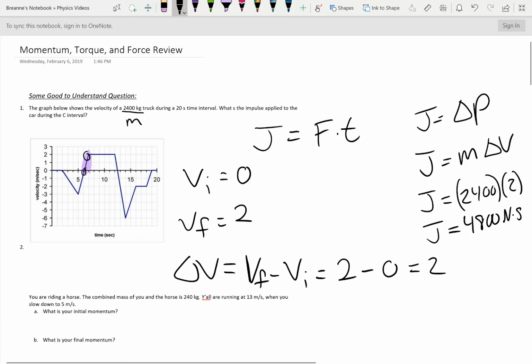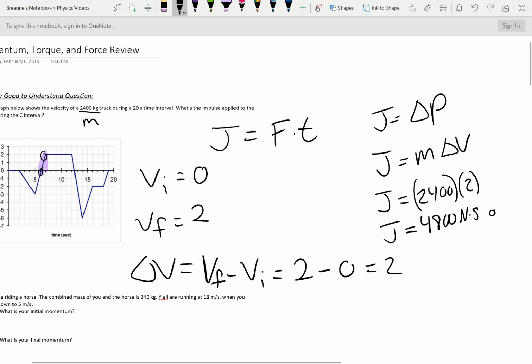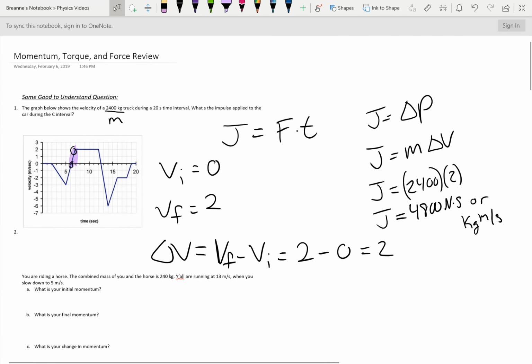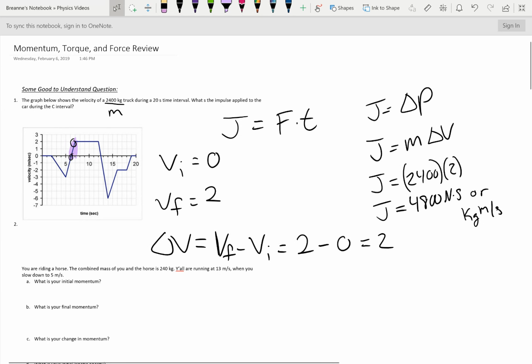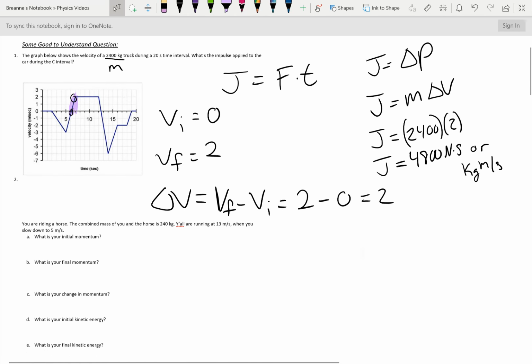The units are newton seconds, or they can also be kilogram meters per second. So it's either newton seconds or kilogram meters per second. That's how you would use a graph to get the information to be able to find impulse. You might need to do that on the test. Hint, hint.